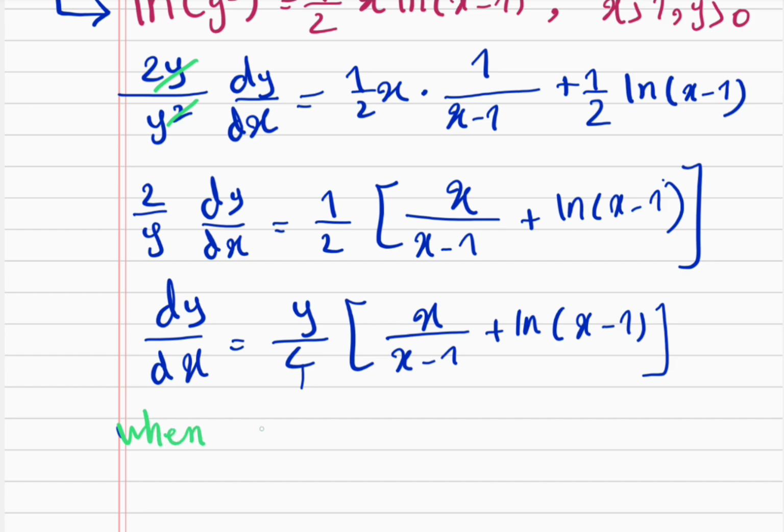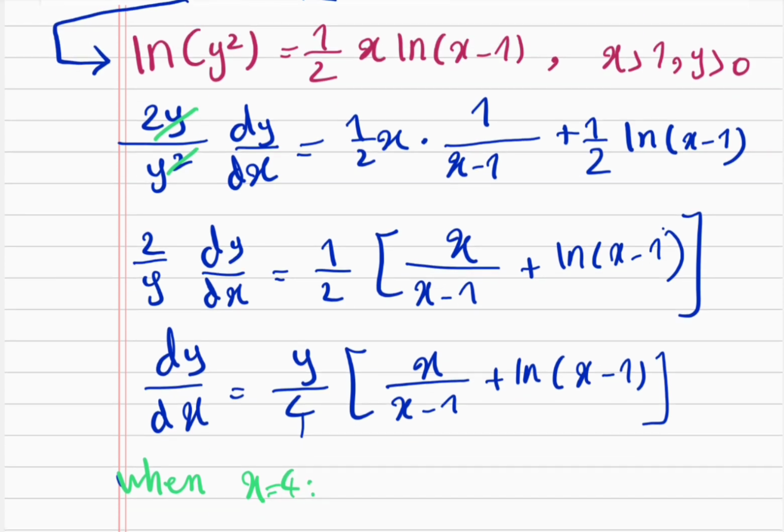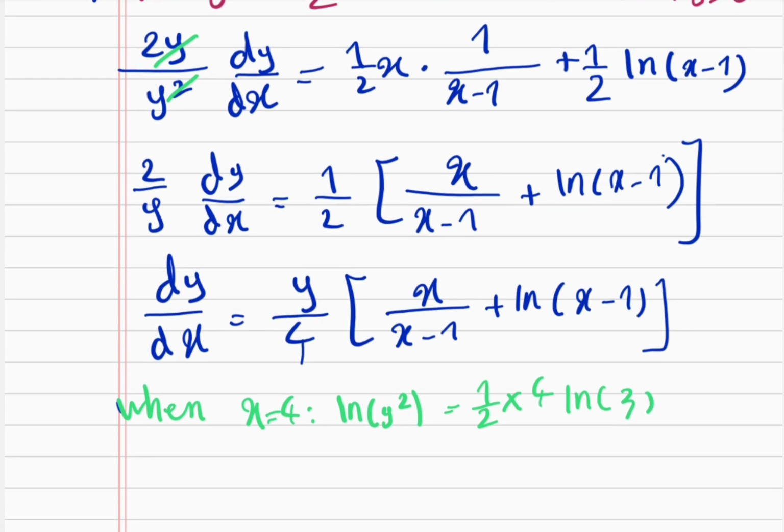When x is equal to 4, we have ln y squared is equal to a half times 4 times ln 4 minus 1, which is just 3. And let's see what we get. So ln y squared is equal to 2 ln 3.